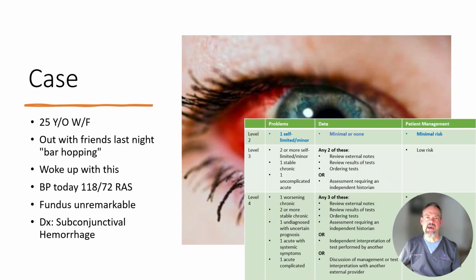So looking at our chart, we can see that we've met a level 2 as being a self-limited minor condition. We recorded minimal or no data, and there was a minimal risk under the patient management section. So in this case, we will code her as a level 2.